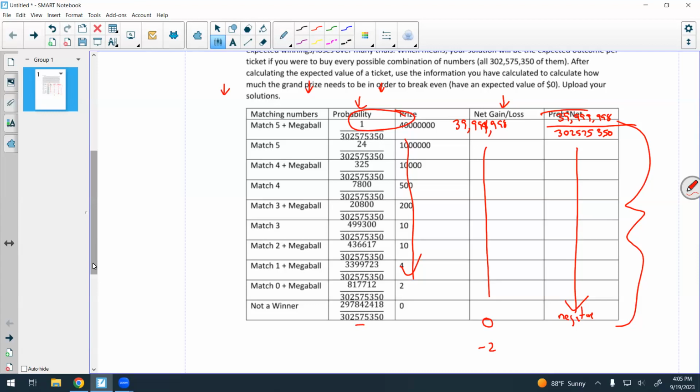And you're going to get some negative number. I don't know what it is. I don't recall. Over this $302,575,350. So it's going to be a negative number. And when you do the division, I can tell you the answer is going to be negative $1.67.